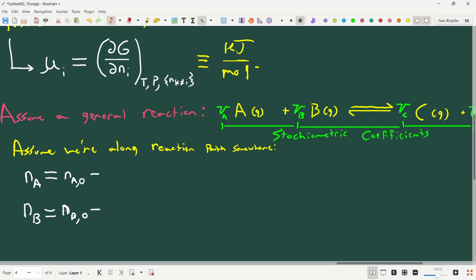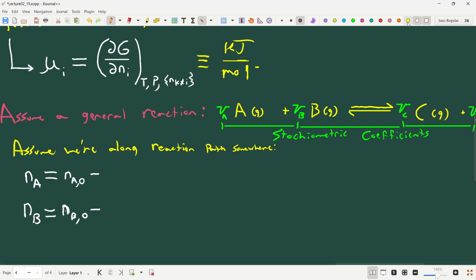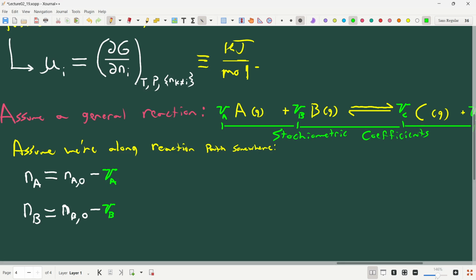Because I know every click, I'm going to lose nu A moles of A. So if nu A is 1, a click happens, I lose a mole. Click happens again, I lose another mole. And so on and so forth. So the loss is going to be proportional to the stoichiometric coefficient times the number of clicks.